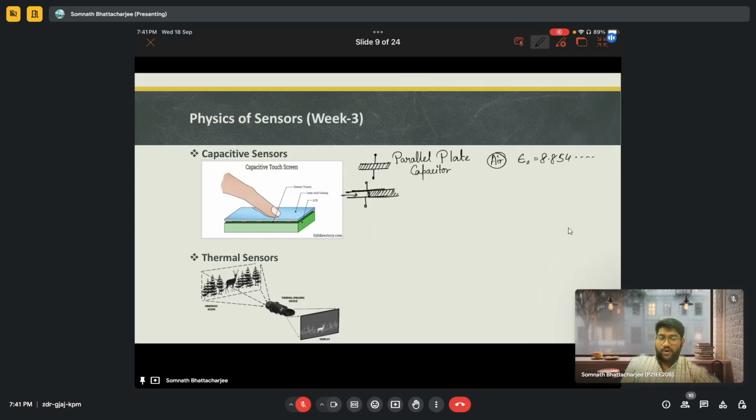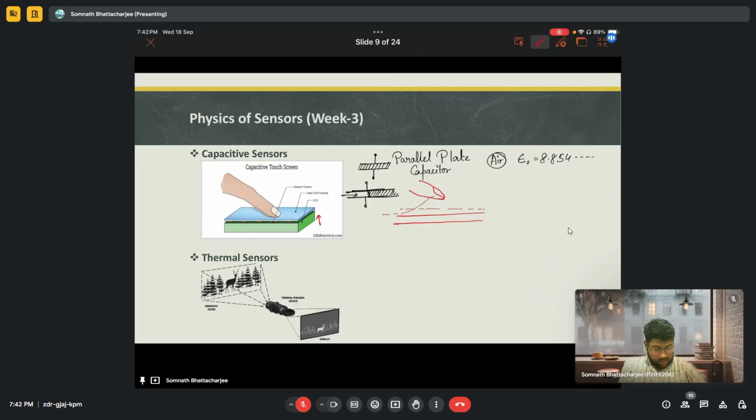But one of the most advanced ones is our phones. We use a phone with a capacitive touch sensor. Previously it was a resistive touch sensor, but nowadays we use a capacitive touch sensor. What happens in this touch sensor is that this is the metal plate and there is a dielectric block on top of it. If our hand is on top of this, what will happen?